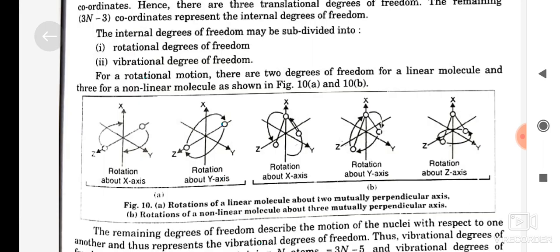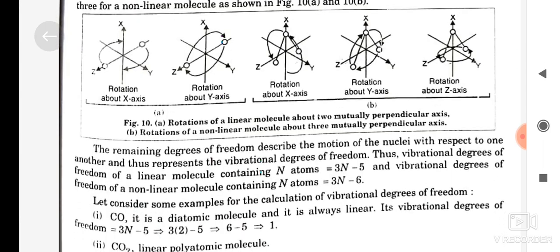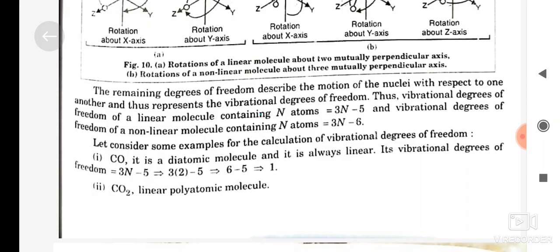For rotational motion, there are two degrees of freedom for a linear molecule and three for a nonlinear molecule, as shown in figures 10a and 10b. The remaining degrees of freedom describe the motion of the nuclei with respect to one another and thus represent the vibrational degrees of freedom.